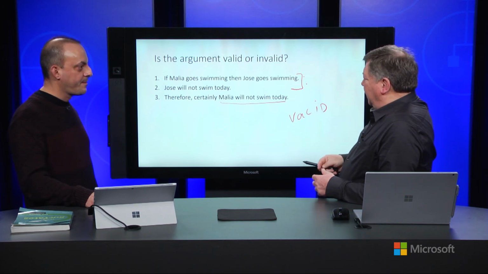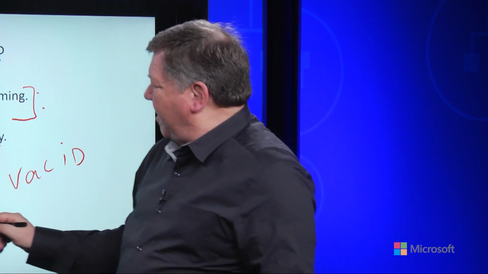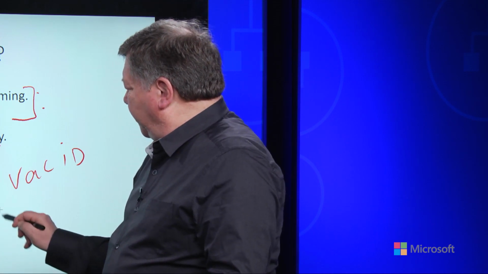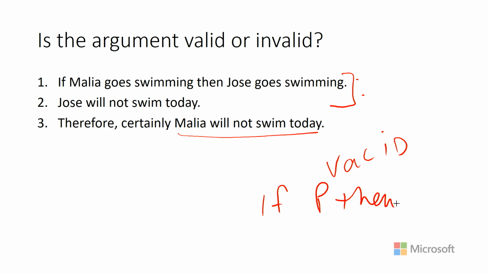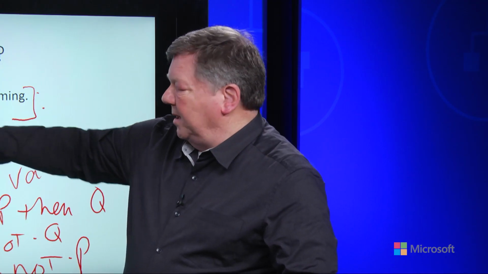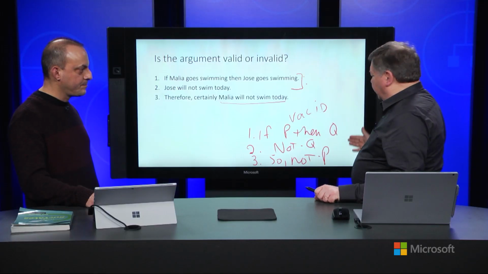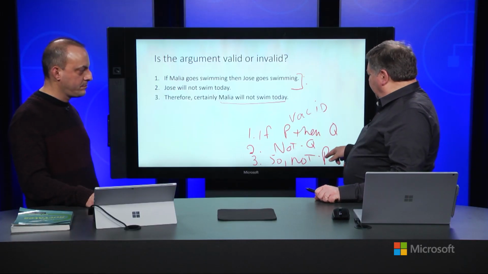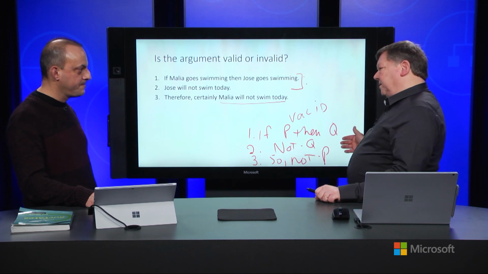And in logic, you'll learn that we represent that structure: if P, then Q; not Q; so not P. So in logic, we take an argument that has a content and we translate it into an abstract structure using symbols, and then we study the symbols.